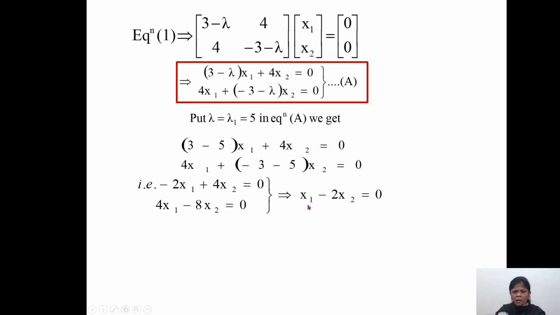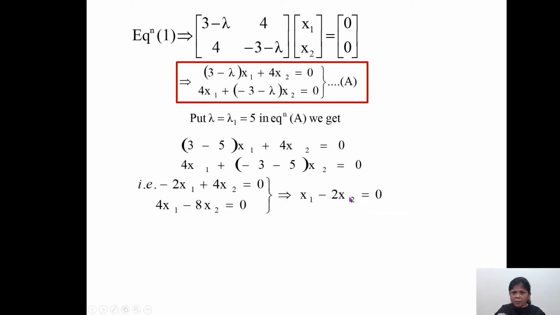So how many independent equations do we have here? We have only one independent equation in two variables. When the number of variables is more than the number of equations, the equations have infinite solutions. Our aim is to find those infinite solutions. The number of equations and number of variables must be the same, but here I am getting one variable extra.